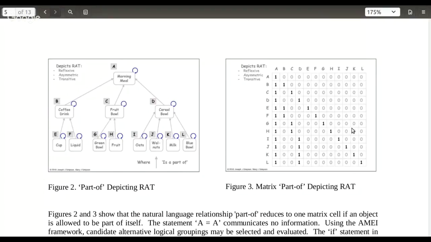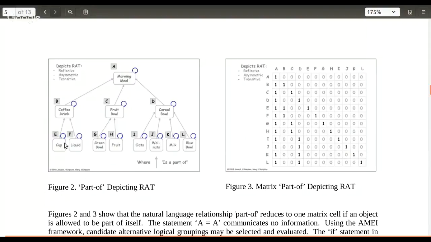So let's see. Okay, back to the part of depicting relations. And just for a point, if you only had the fruit bowl and the morning meal, that would be a linear piece, right? Because you just have one: fruit goes to fruit bowl goes to morning meal. That would be a single-threaded logic piece. But it's not, for the components that we have, right?